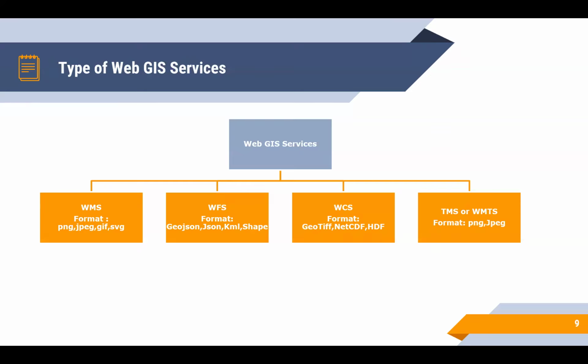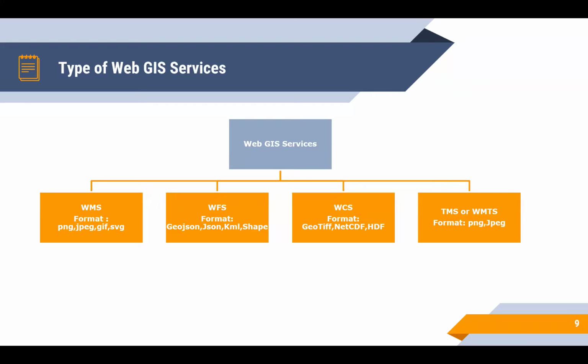Why do we get those tiles? Because they have published the data in WMTS. When you publish data in WMTS or TMS, you get small square tiles for your data.